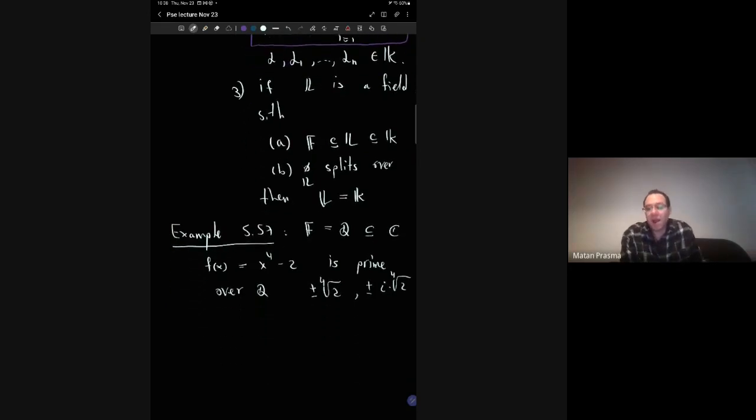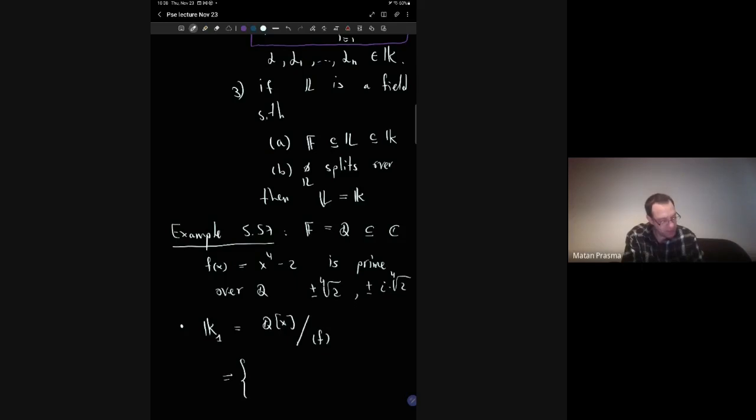So now I consider K1, let's say. This is Q[x], I mean polynomials over Q, modulo the polynomial f. If you recall, we had this construction that you can consider all remainder polynomials.